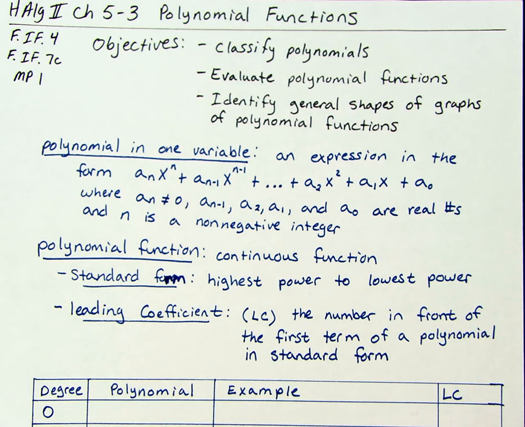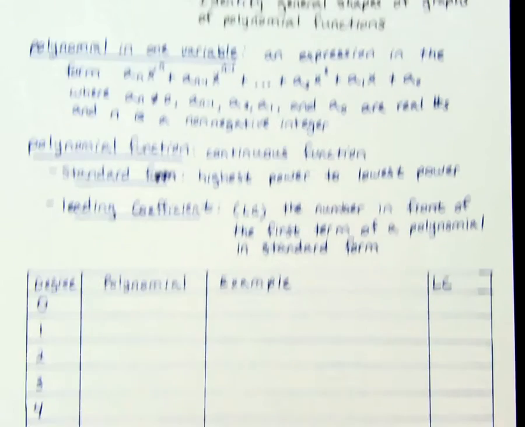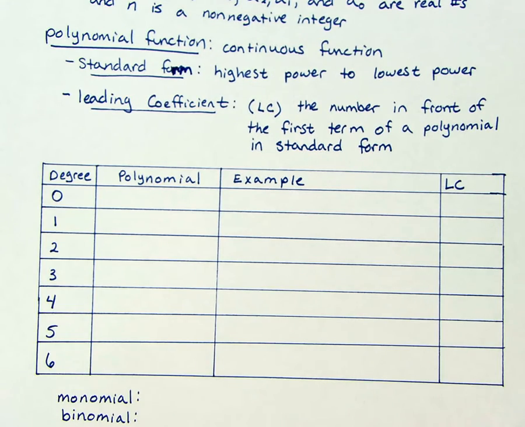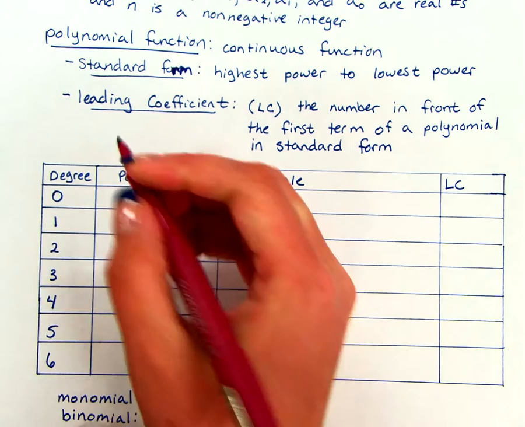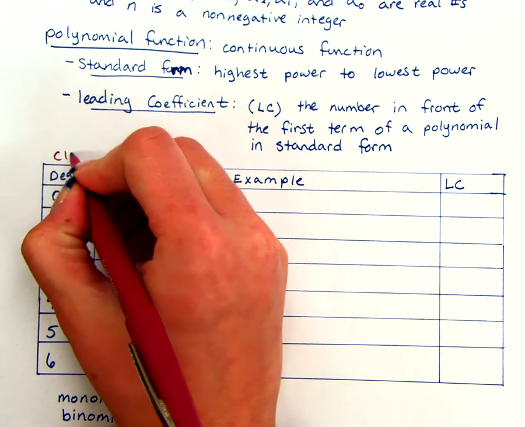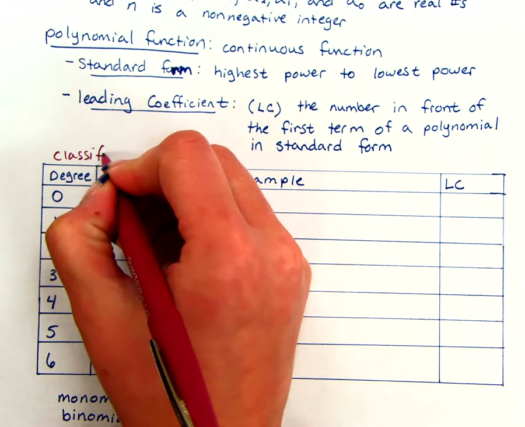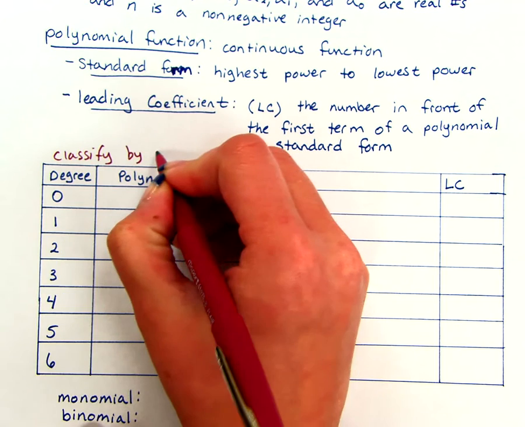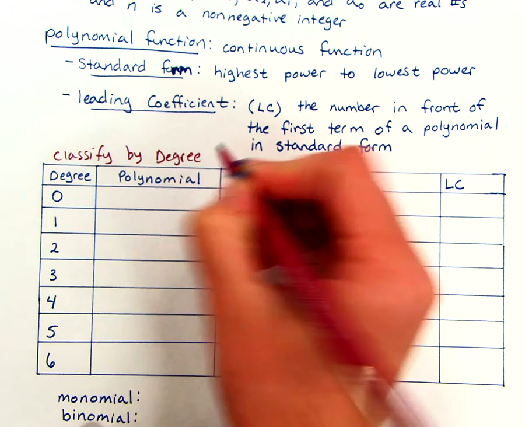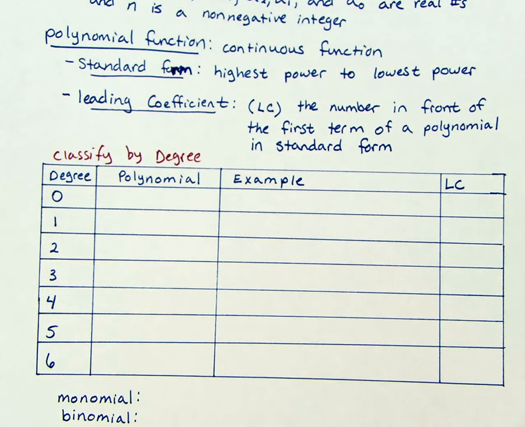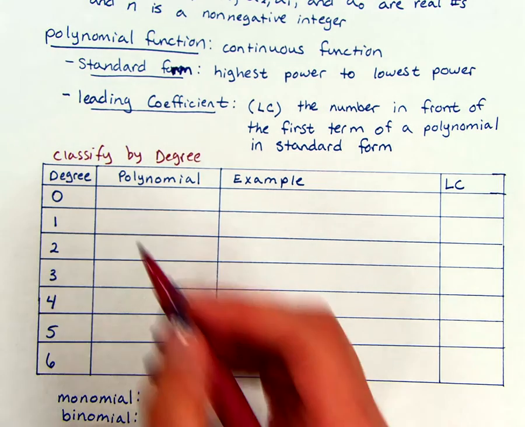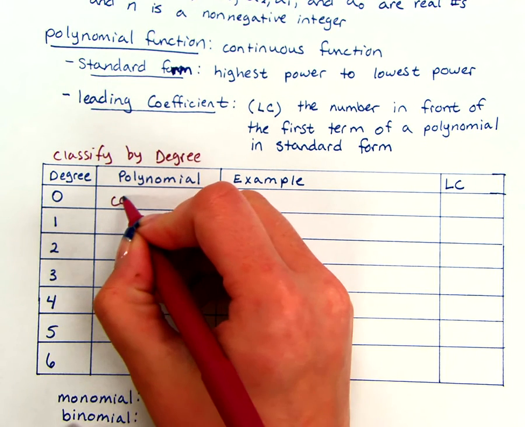Now as we get into classifying, we're going to start by classifying by degree. I've set up this little table here. If we have a 0 degree, so our x value isn't even there, we're going to call that a constant.